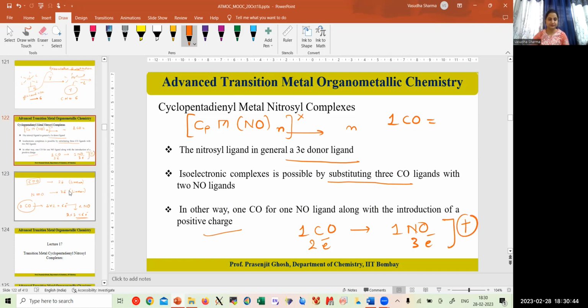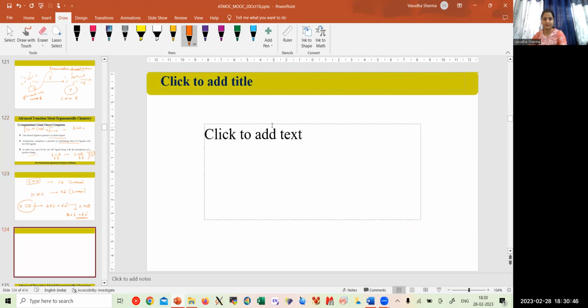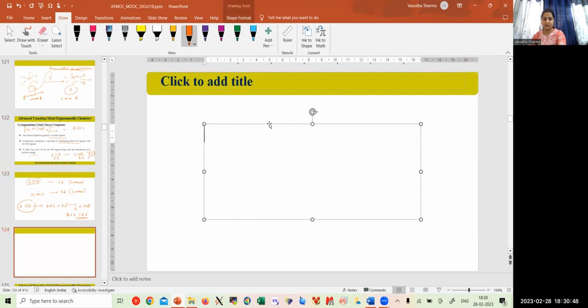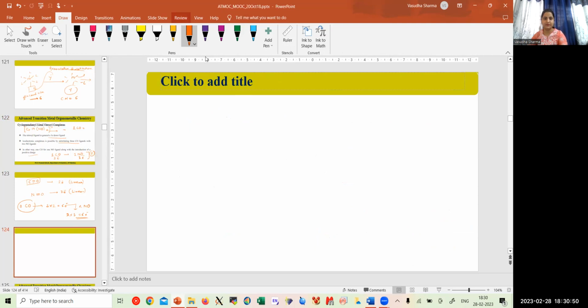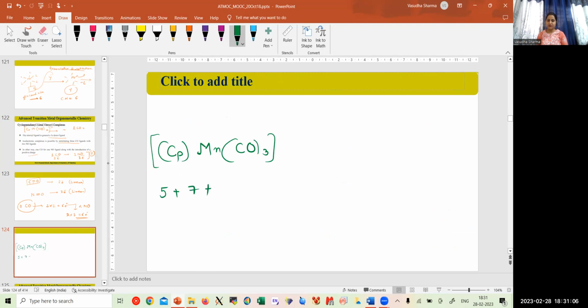For example, if we have metal, and we take the same case, CpMn(CO)3. If you calculate 5 plus 7 plus 3 into 2, that is 12 plus 6, that is 18 total valence electrons.